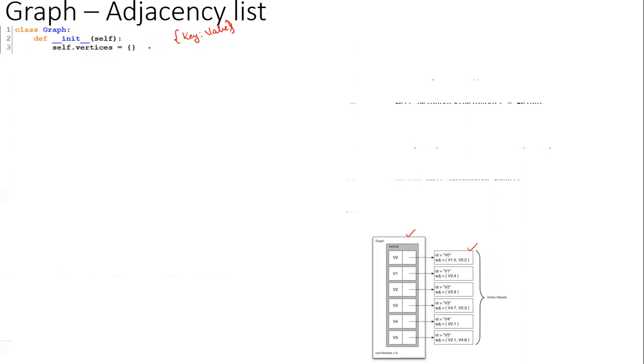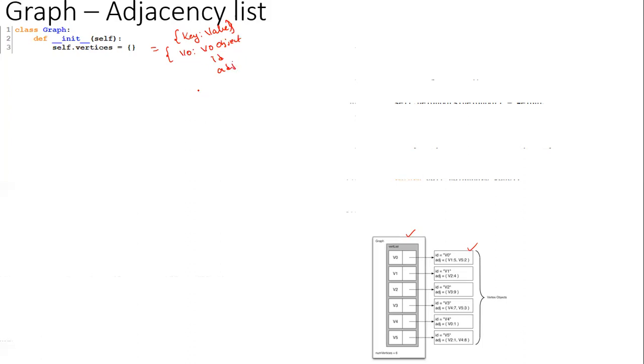So vertices is going to be a dictionary consisting of vertex objects, like V0 and the corresponding V0 object. When I say V0 object, it is going to have the ID value and also the neighbor details.